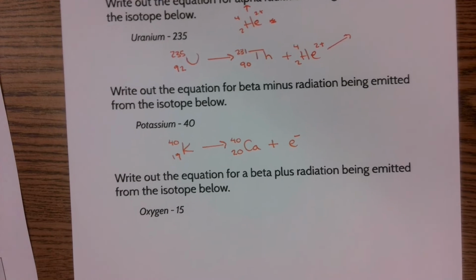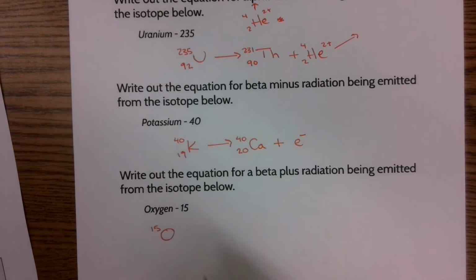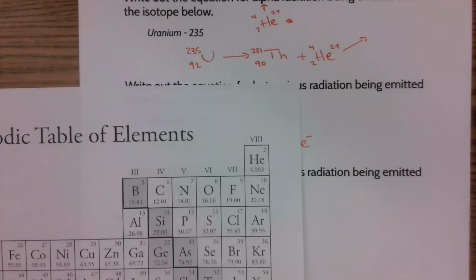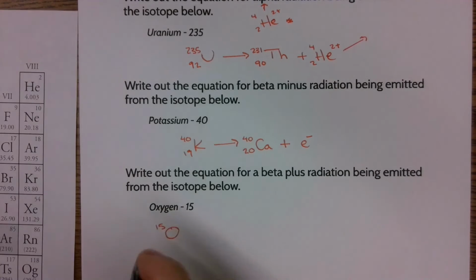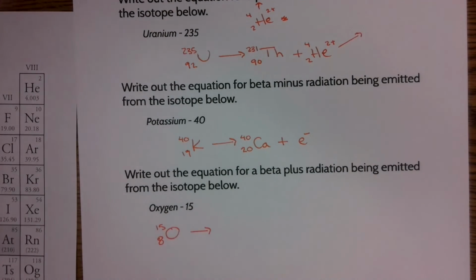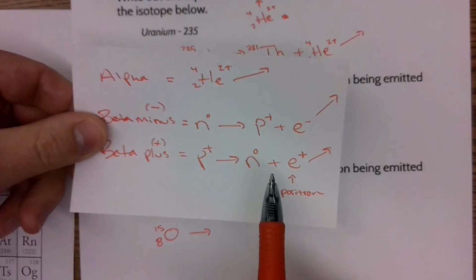The next one, oxygen-15. Let's write O-15, and its atomic number is 8. When we look at our beta plus decay, it is a proton turning into a neutron.